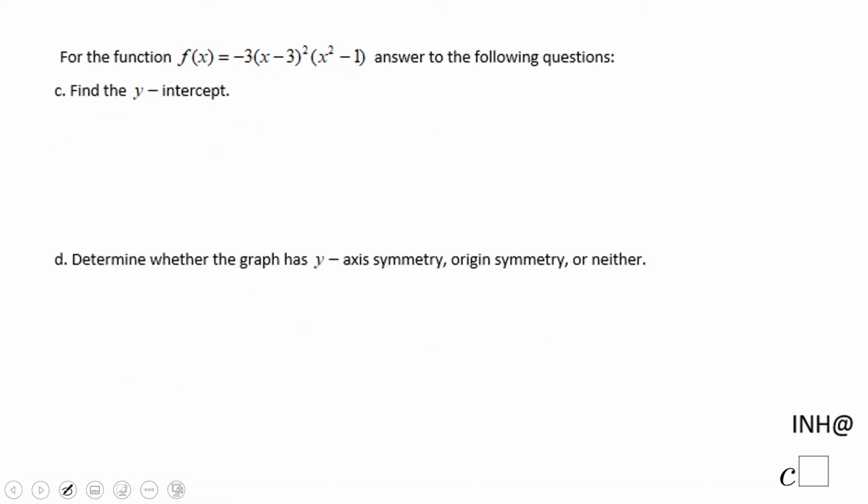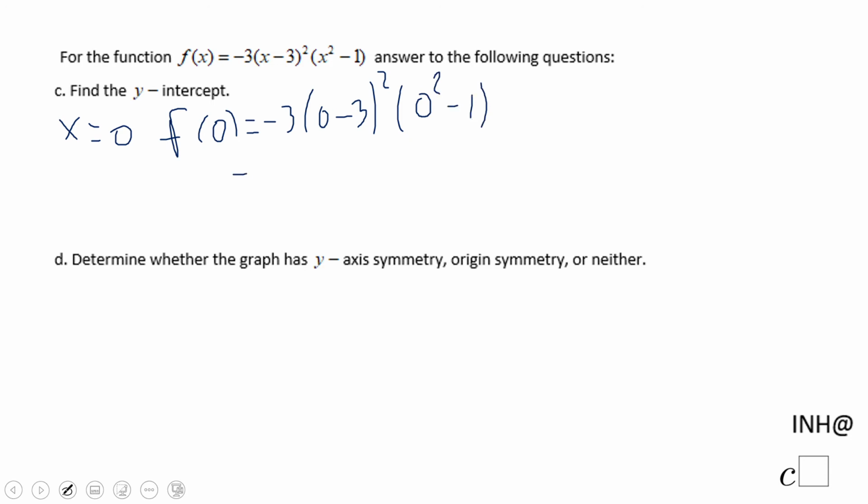On C they ask us for the y-intercept. For the y-intercept, we make x equals 0, so we have f of 0, and we have negative 3 times 0 minus 3 to the 2nd power times 0 squared minus 1, which is going to be negative 3 times negative 3 squared times negative 1.